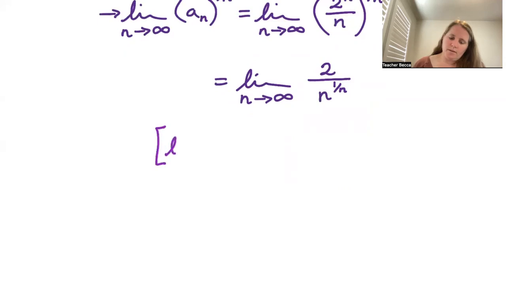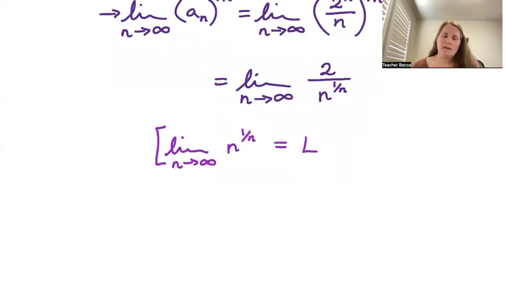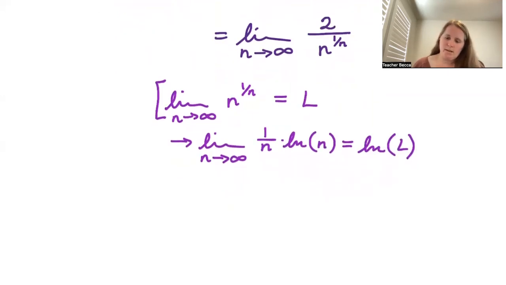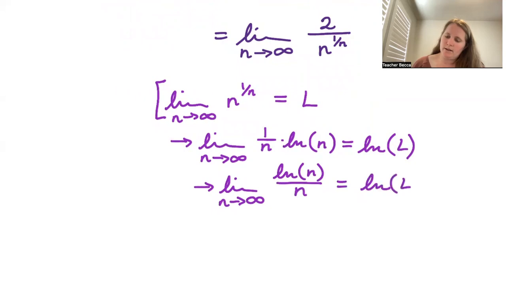So if we take the limit as n goes to infinity of n raised to the 1 over n, let's go ahead and call this capital L. Then we have that the limit as n goes to infinity of 1 over n times the natural log of n is equal to the natural log of L. This is the limit as n goes to infinity of the natural log of n over n, which should be equal to the natural log of L.